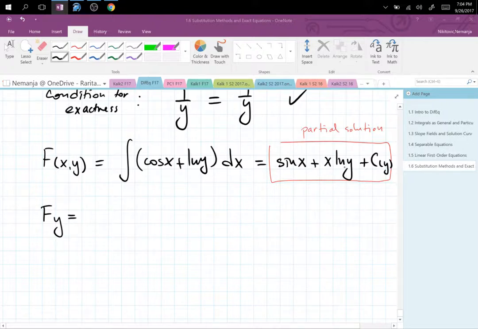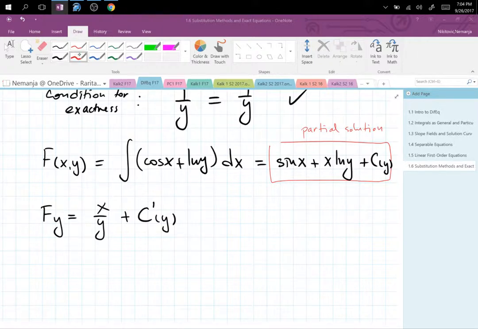Derivative of ln y is 1 over y, so we have x over y plus c prime of y. So we switch it back, doing everything with respect to y, because before we did everything with respect to x.